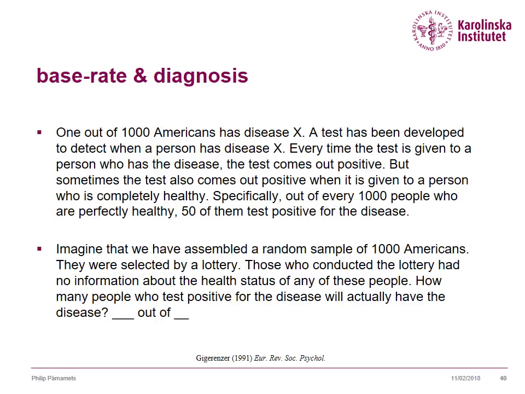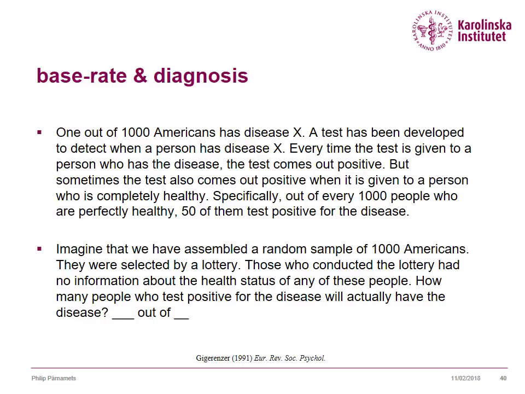So consider this case. 1 out of 1,000 Americans has disease X. A test has been developed to detect when a person has disease X. Every time the test is given to a person who has the disease, the test comes out positive. But sometimes the test also comes out positive when it's given to a person who is completely healthy. Specifically, out of every 1,000 people who are perfectly healthy, 50 of them test positive for the disease.